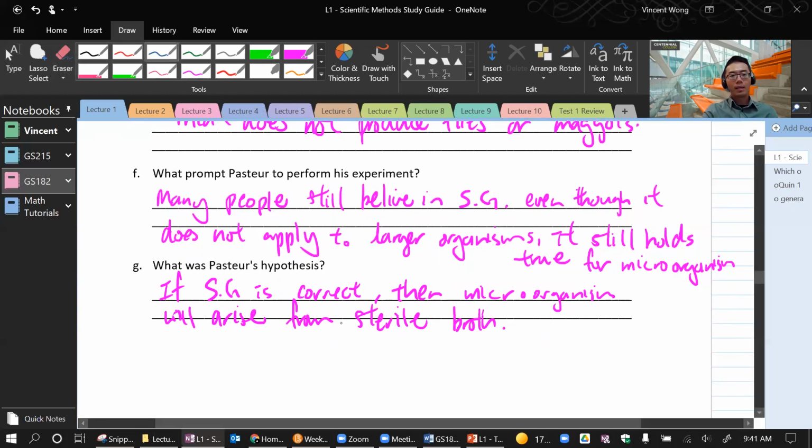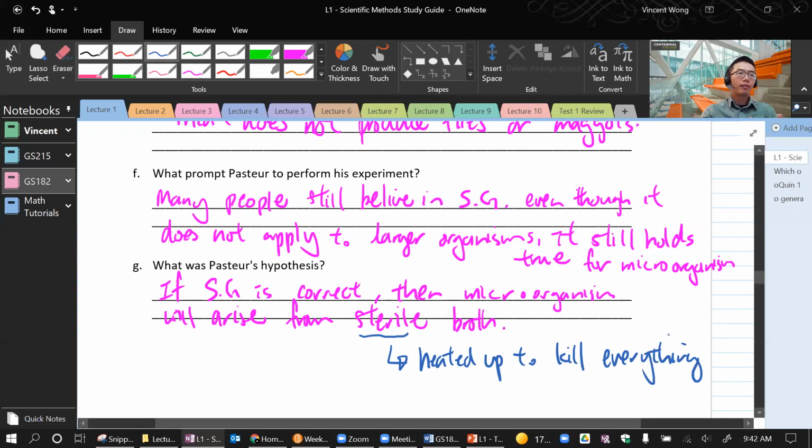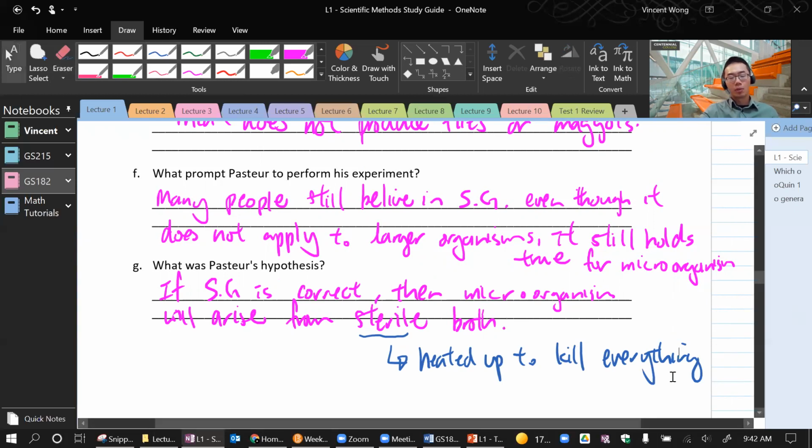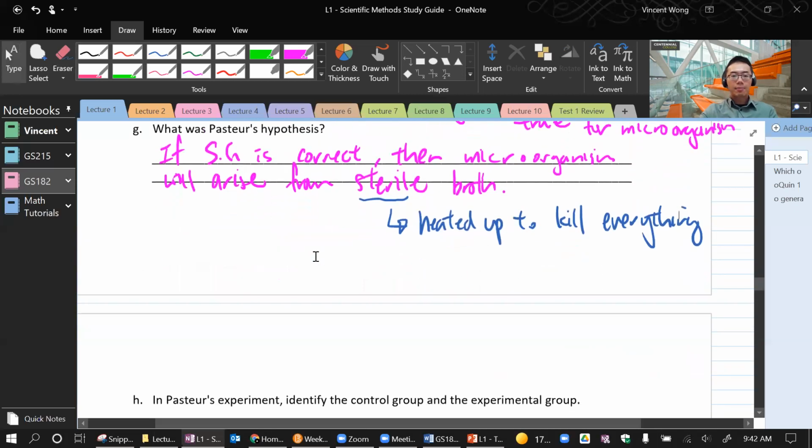Sterile means you heat it up to kill everything. So if you kill everything with heat and then you put the broth away, if spontaneous generation was true, then you should see microorganisms a couple days later or whatever. So that's his hypothesis. So what is his experiment?